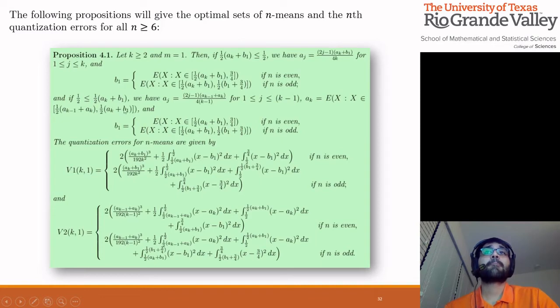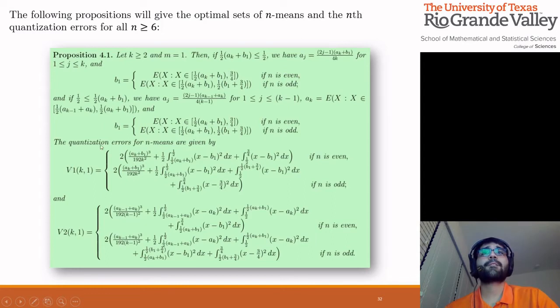B1 in this case, because we have m equals 1, only one quantizer in 0.5 to 3/4, is not going to change. But A1, A2 will definitely change.